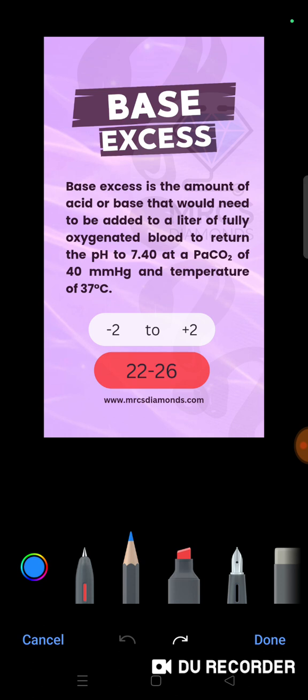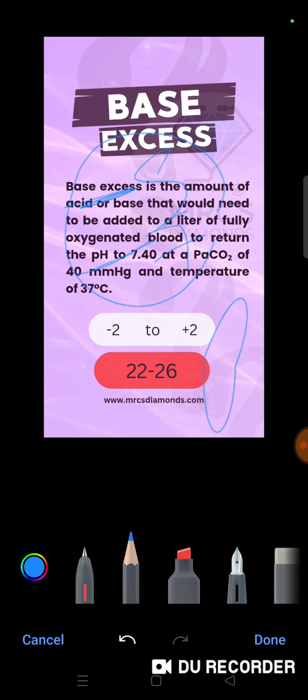So again and again, the base excess may come in the exam in the stem of the question, and the examiner doesn't mention the bicarb itself. If he says this patient has -5 or -7, he is actually telling you the value of bicarb.